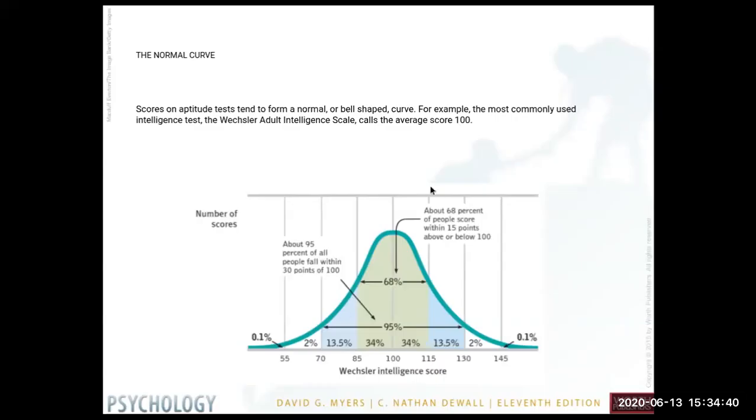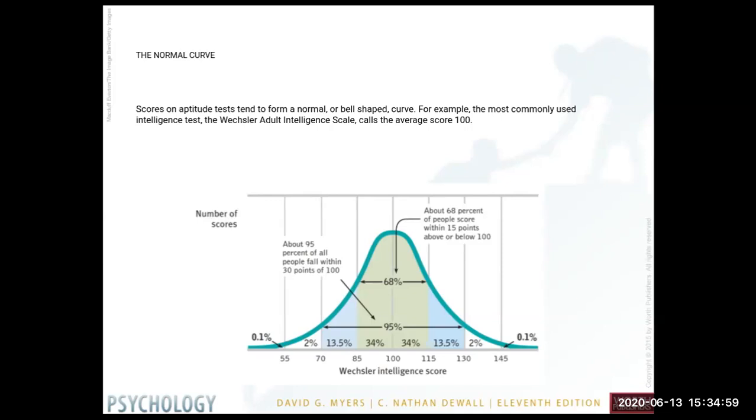So because 95% of people fall within 2 standard deviations of the mean, we can be 95% confident that people will fall within 2 standard deviations. And the rest of it are what we call outliers.